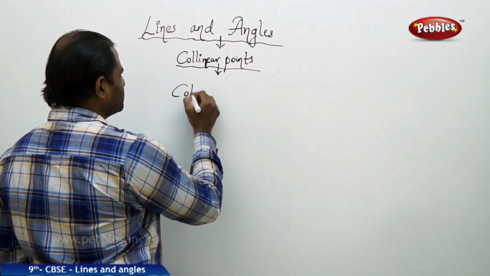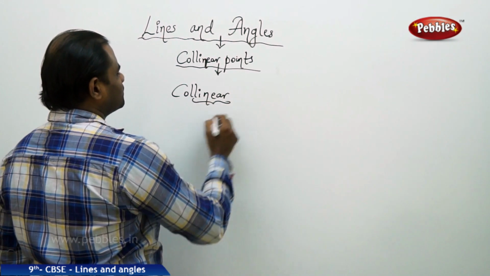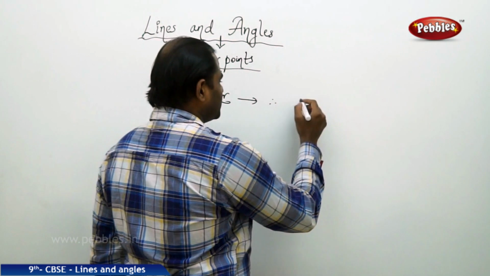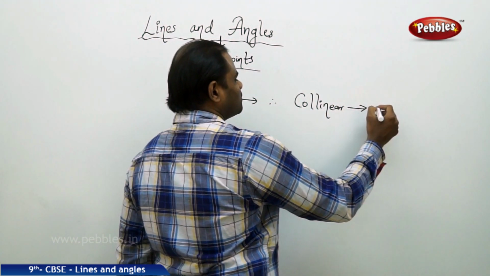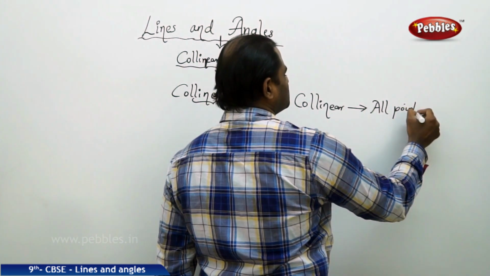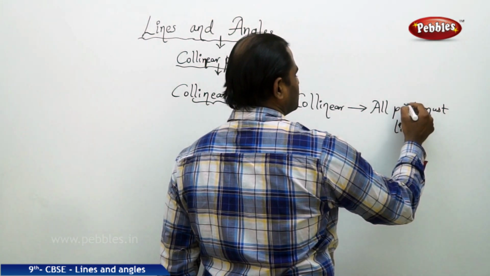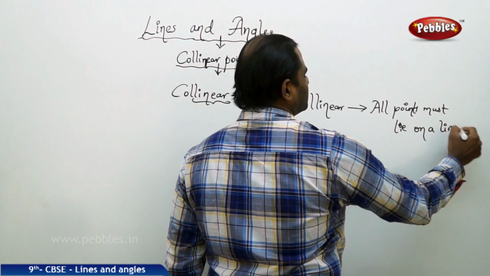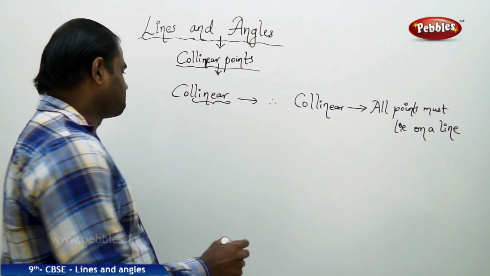The word collinear itself says they are linear, therefore collinear implies all points must lie on a line. Then only we say the points are collinear.